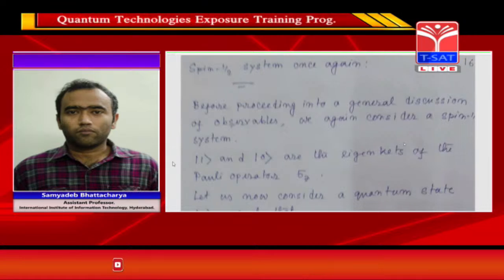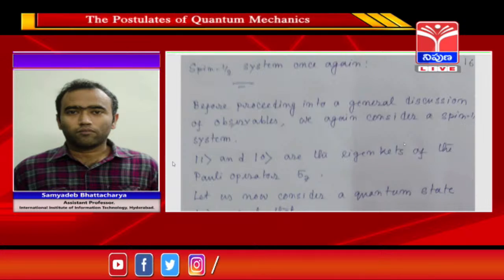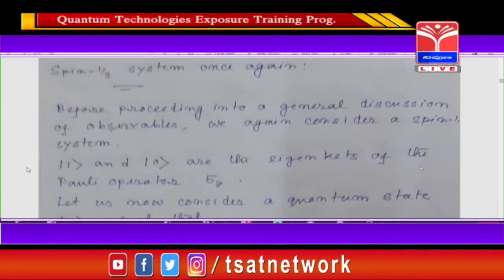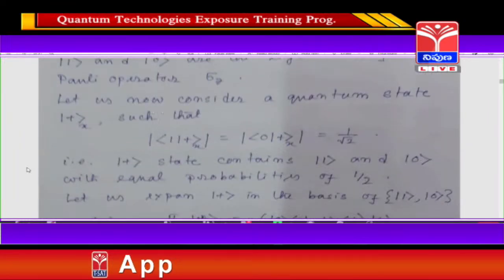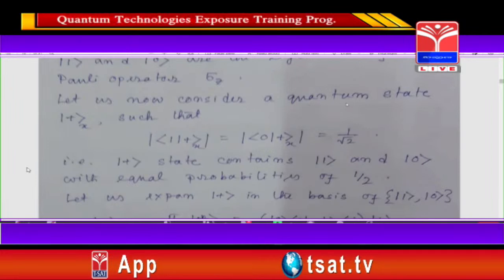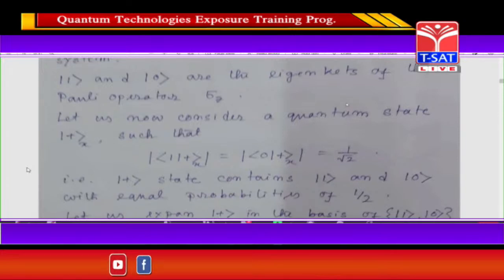That is a two-dimensional system. Before proceeding, to understand the whole thing, let's say |1⟩ and |0⟩ are the eigenstates of the Pauli operator. Let us now consider the quantum state plus. Plus is, as we have said before, (|1⟩ + |0⟩)/root 2.